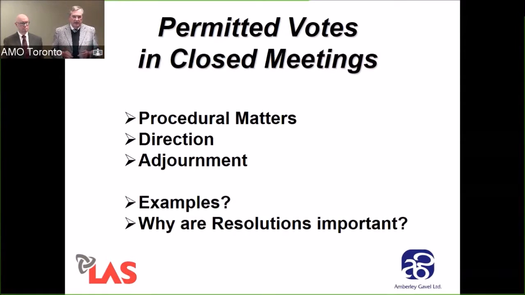Those are procedural matters. The other, and this one is more important, is to provide direction. Direction to officers, agents, or those that are contracted on behalf of the municipality. You can pass a resolution to provide direction. I spoke earlier about acquiring a piece of land. And so your real estate agent or your solicitor or your CAO, you're providing direction to him or her in order to go out and negotiate for the acquisition of this piece of property.